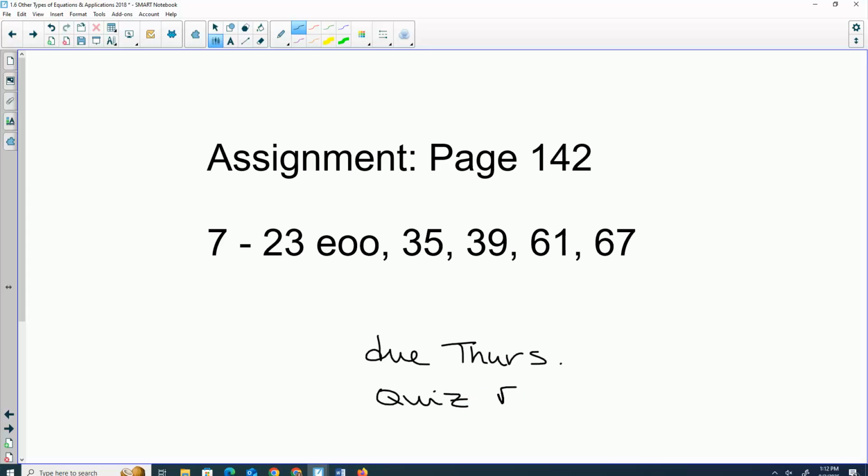Now, something I do frequently. Do you guys know what I mean by EOO? It's every other odd. So I'll do 7, skip 9, do 11, skip 13, do 15. So if you have trouble doing every other, those are the problems. Make sure, what kind of problems did I give you? Evens or odds?